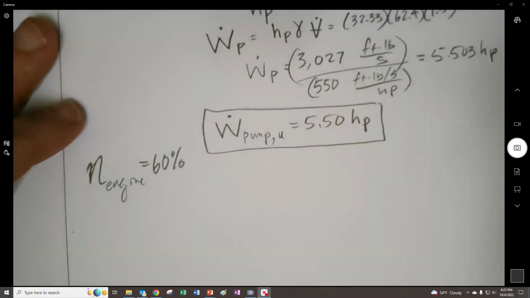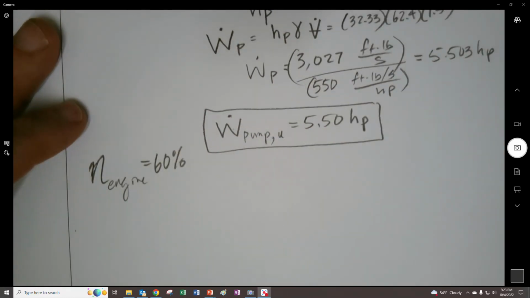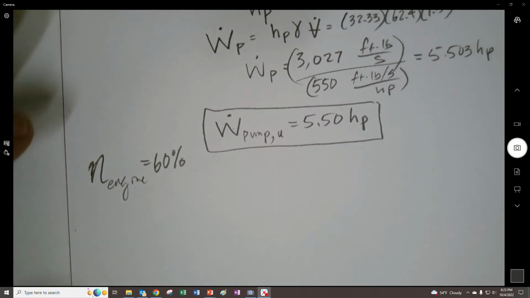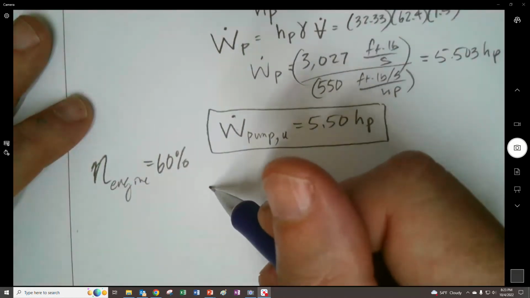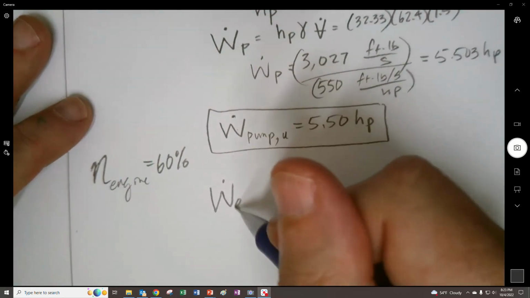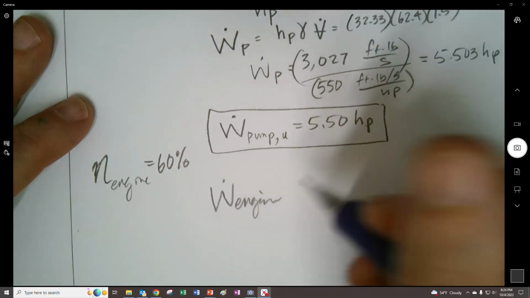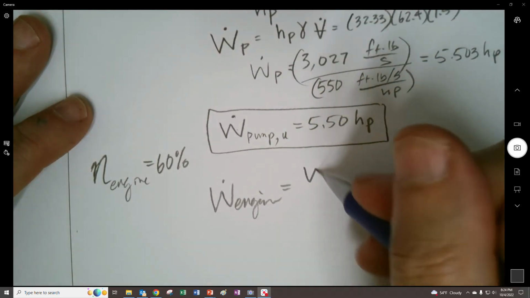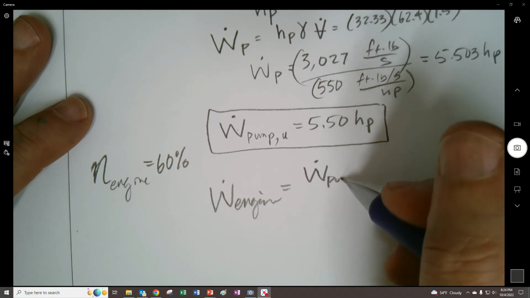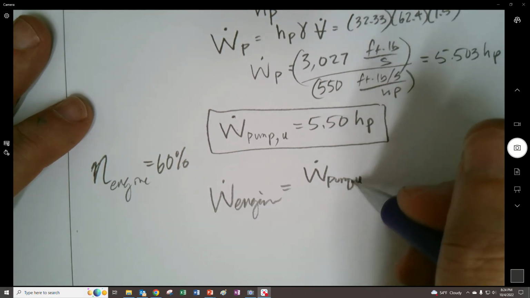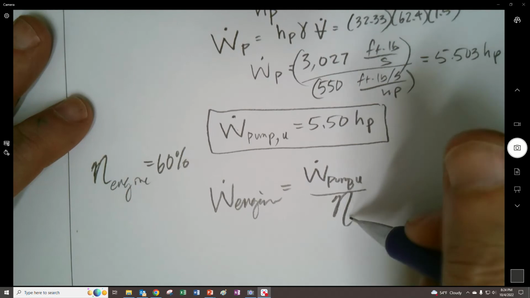You're not going to do much better than that. You could argue about what kind of engine and that type of thing. There could also be transmission losses, other things. So if you were to say the engine power you'd need out of this, you have to divide this one by the engine efficiency.